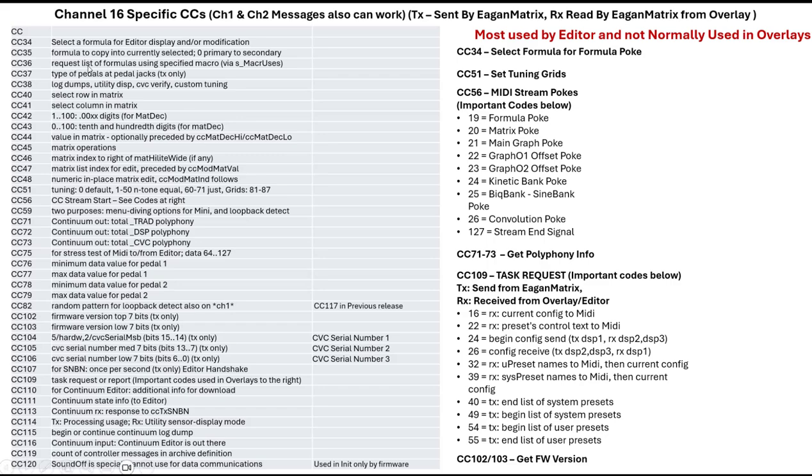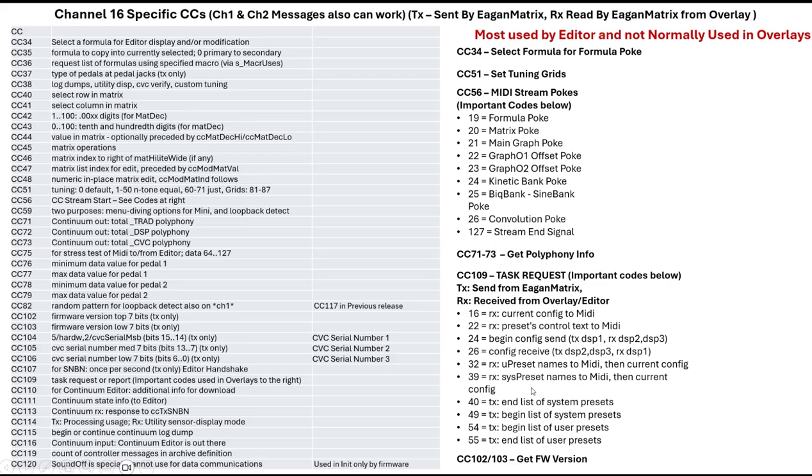Some of the more important channel 16 CCs are CC34, that's going to be used to select a formula in our formula poke. We'll talk about that. CC51 is used to set tuning grid. CC56 is going to be used to set our poke types and stream types. You can use CC71 to 73 to get polyphony information.